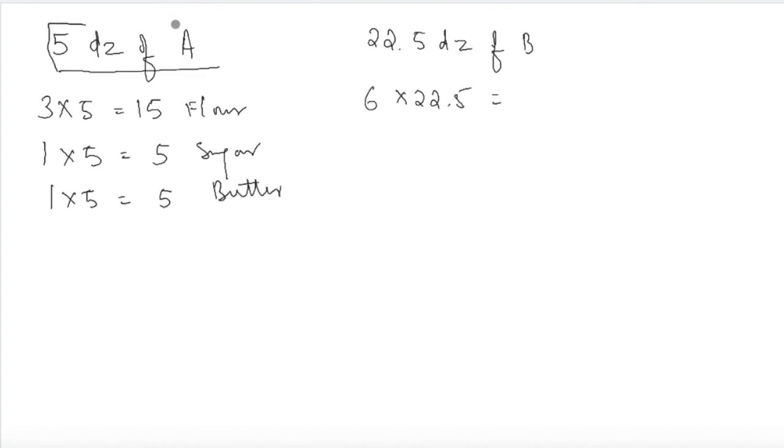To produce 5 dozens of cake A, he is using 15 kilograms of flour, 5 kilograms of sugar and 5 kilograms of butter, because he was needing 3 units of flour for 1 dozen of cake A. So for 5 units, you will just multiply with 5.